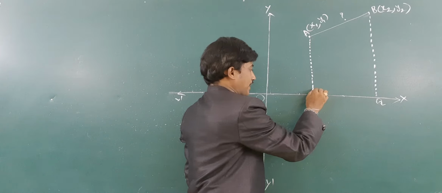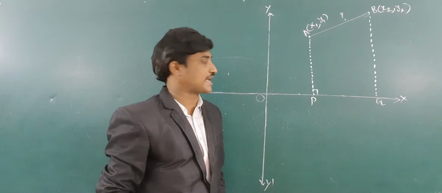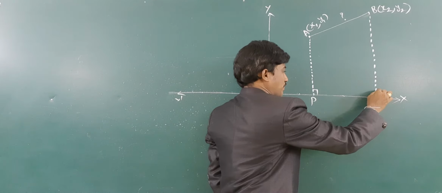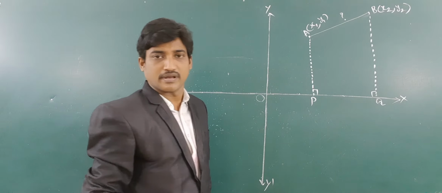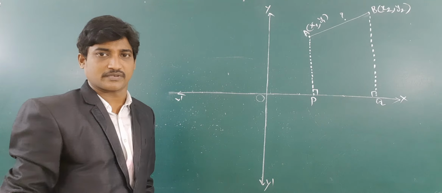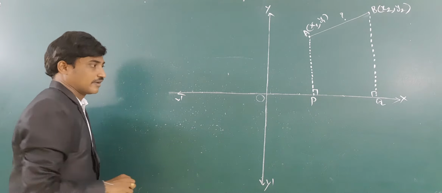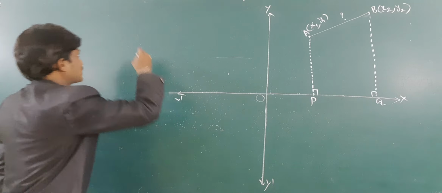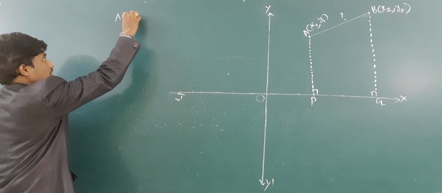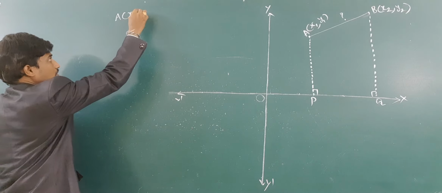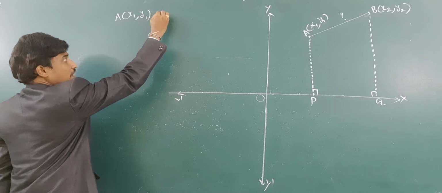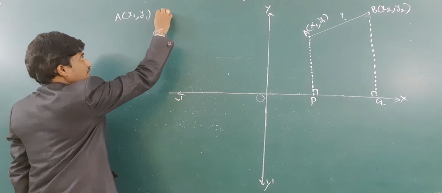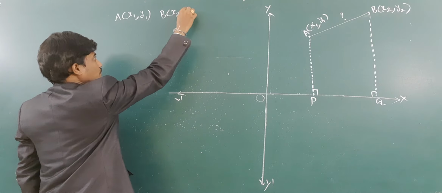Here the point A(x1, y1) is given on the Cartesian plane, and the point B(x2, y2).